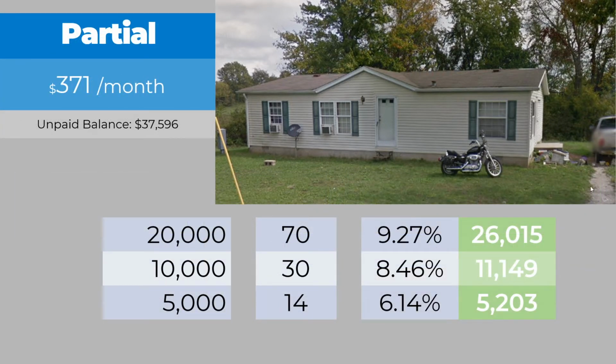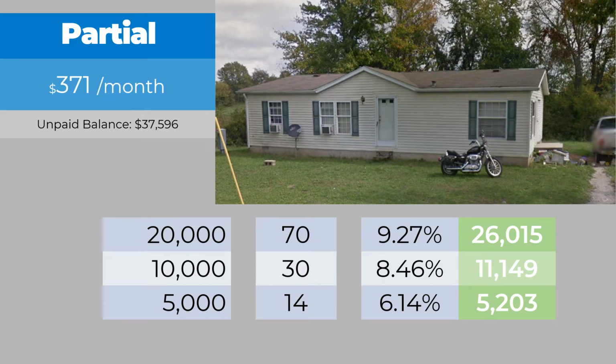Now, if I wanted to sell a subset of that note, say the next 70 payments, I'd probably charge 20,000 to the investor that wants to buy the partial, and for the next 70 months they'd collect 371 a month. That produces a yield a little bit lower than the face rate, just because their risk is lower, and I'll explain how I deal with risk mitigation with real estate notes in another segment.